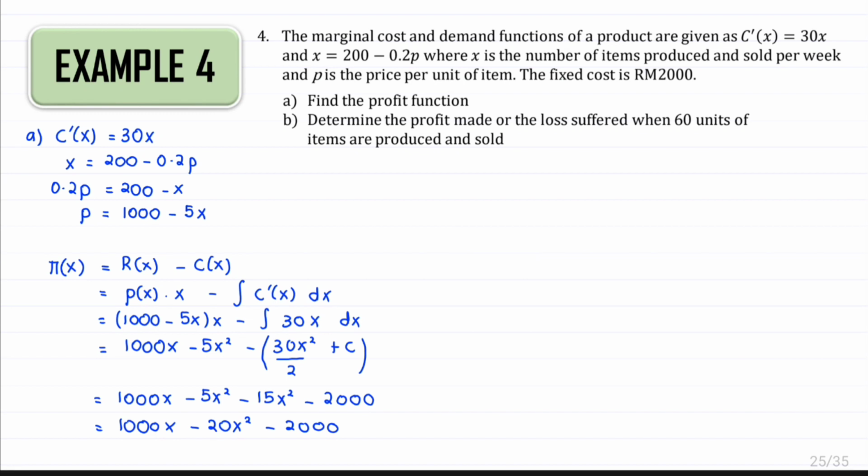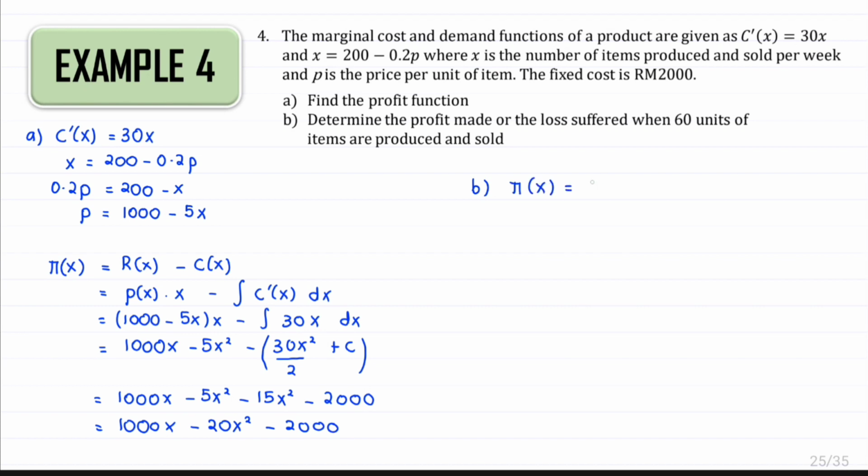Question B, determine the profit made or the loss suffered when 60 units of items are produced and sold. Now we want to check whether we get profit or loss. So we substitute 60 units, x equals 60, into the pi function.